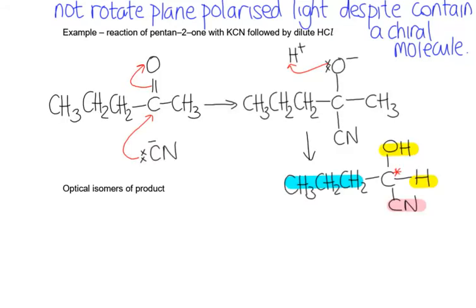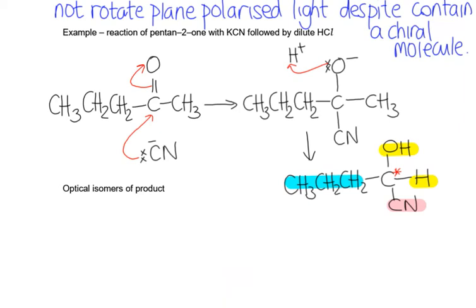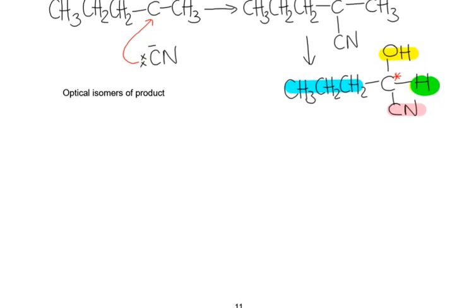So here's our mechanism, and you can see what I've done is I've highlighted the chiral carbon and the 4 different groups. I just need to go back and change the colour of one of those so that we've got 4 different colours there. So we've got 4 different groups, and we're going to try to draw the non-superimposable mirror images.